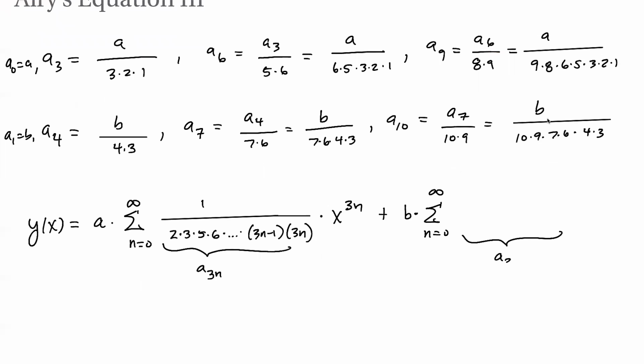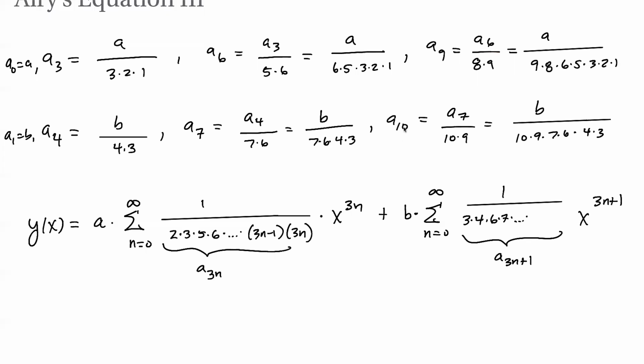And they belong to the power x to the 3n plus 1. And the general form that they take, just looking back through our examples, the smallest we have is 3 times 4, then it goes to 6 times 7, then it repeats.